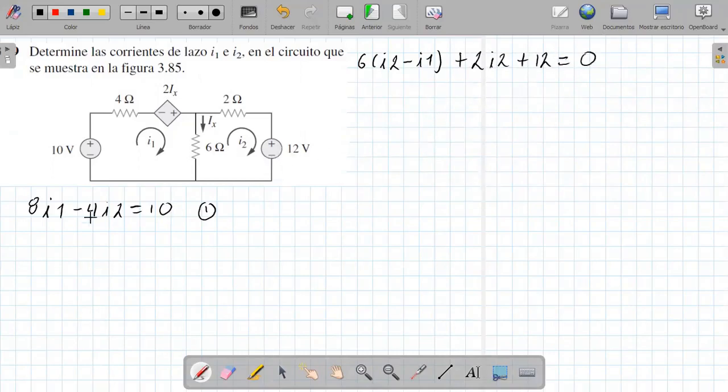Note that I do not put units because if we are doing loop analysis, what we are going to determine is current. If we are going to do node analysis, we determine the voltage, and at the end we put the units. That would be 6 I2 minus 6 I1 plus 2 times I2 will be equal to minus 12.